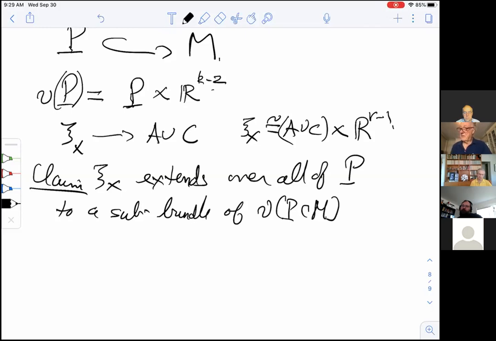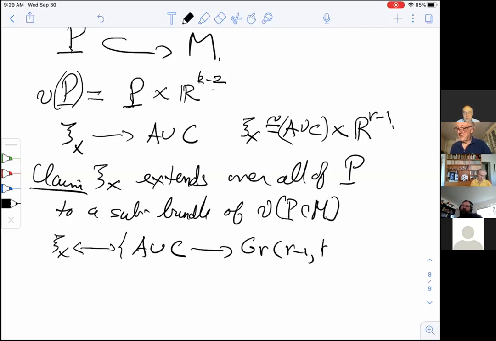Well, using these trivializations, we can identify CX with a map of A union C into the Grassmannian of R minus 1 planes in K minus 2 space. So at each point of A and C, I have a copy of R minus 1.